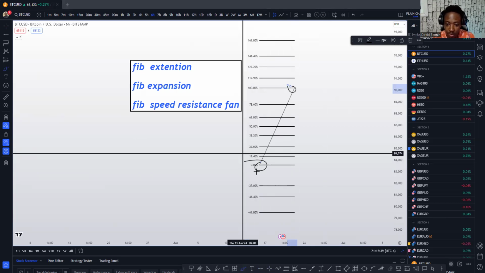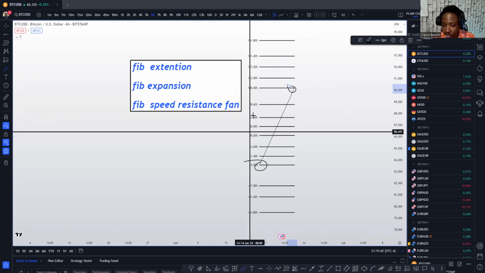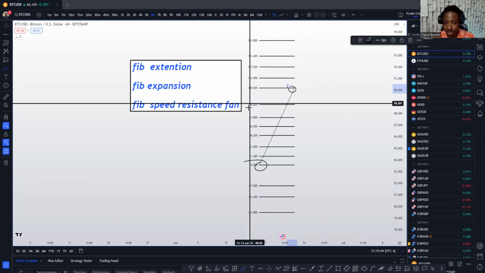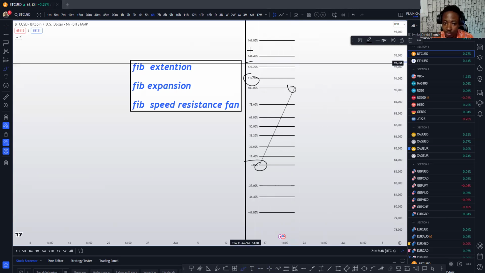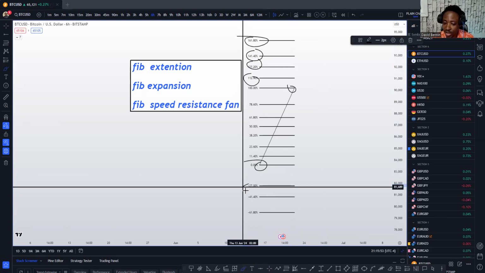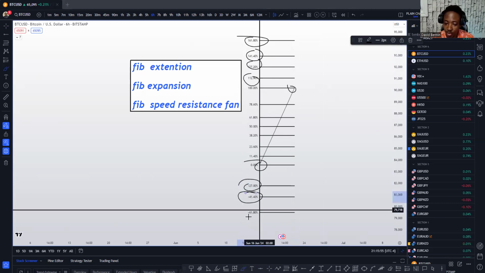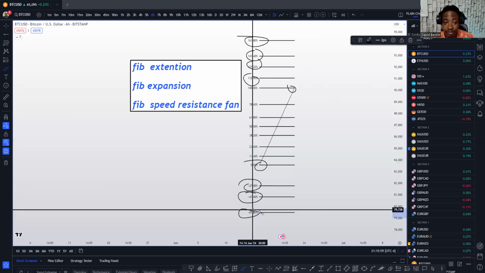And I have multiple levels. I have 11.4, 23.6, 38.2, 50, 61.8, 78.6. And I have 112.9, 127, 141.4, 1.618. And the opposites I have negative 27, negative 41.4, and then negative 61.8.